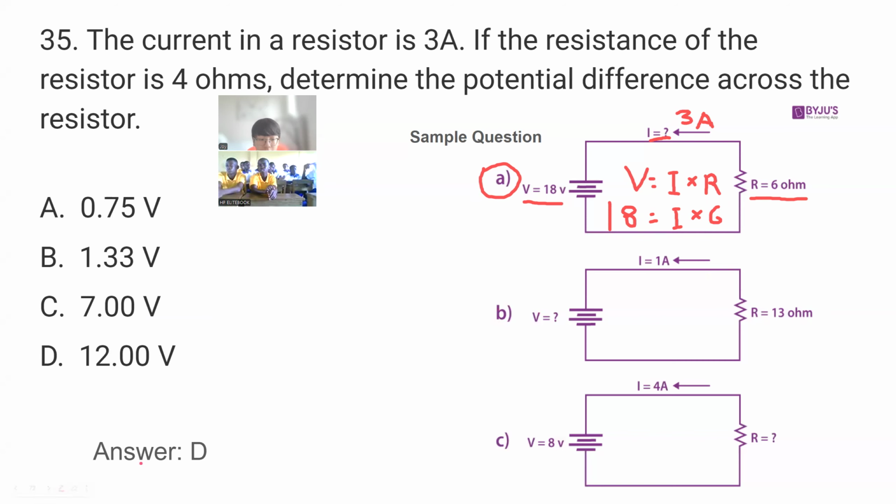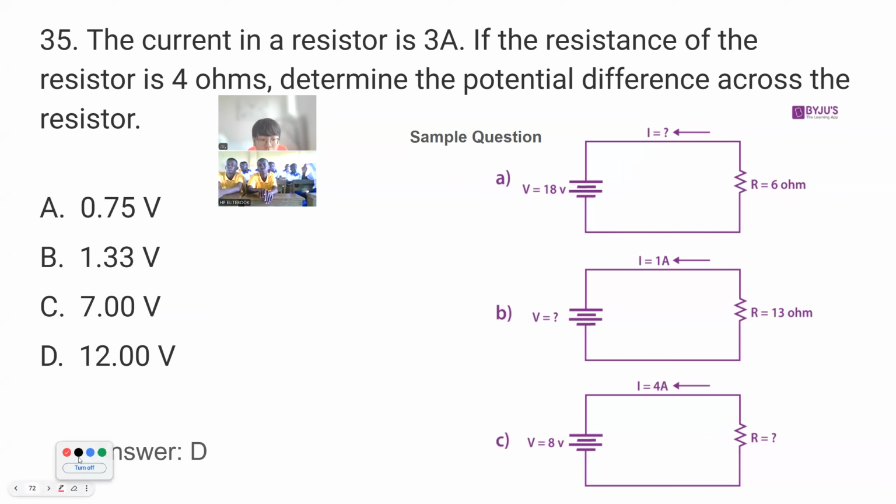And let's look at B. So let's try here. It asks us to find the voltage, and it's given the current and the resistance. So again, voltage equals I times R. Can anyone find the voltage for this B question?